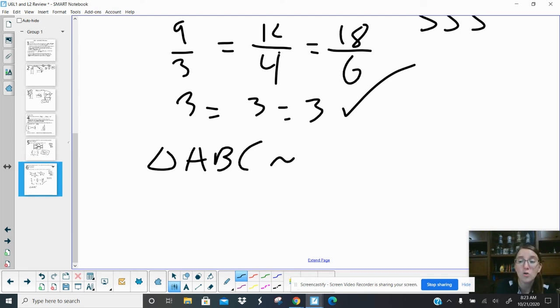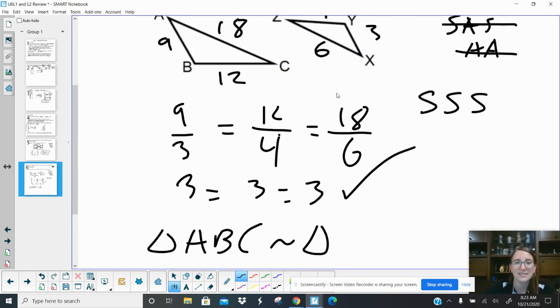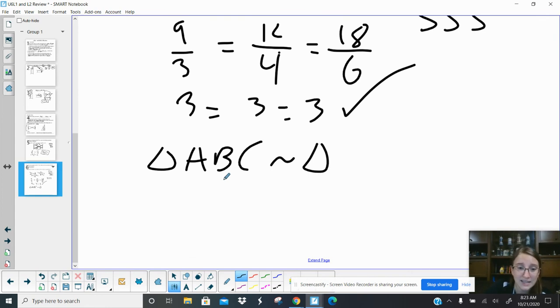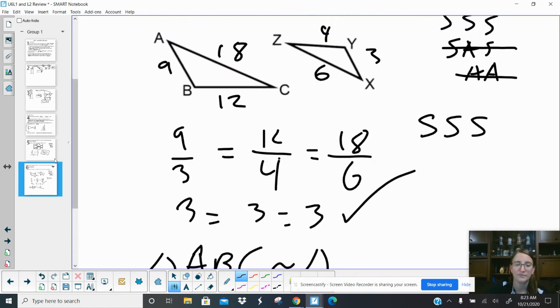Because I chose to name it ABC, we have to name the second triangle in a certain way. Go ahead and think about it. Again, as a hint, if AB is first here, the first 2 letters have to correspond to AB. And then I have my third letter. So go ahead and give that a shot.